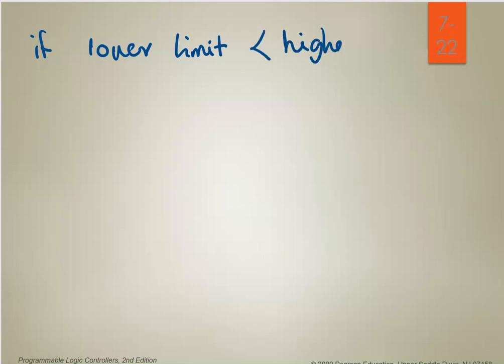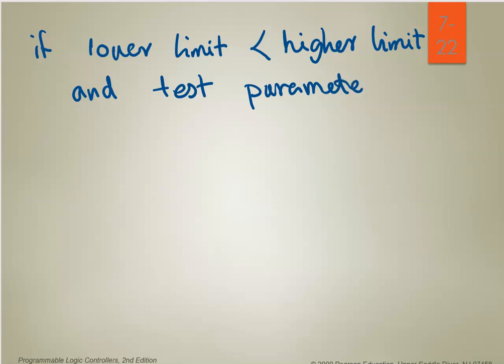Now the question is when this instruction is true. This instruction is true if I have a lower limit smaller than the higher limit and the test parameter is inside the limit.